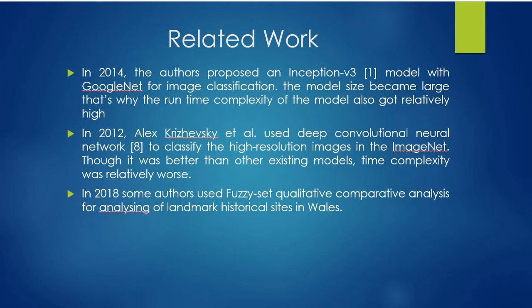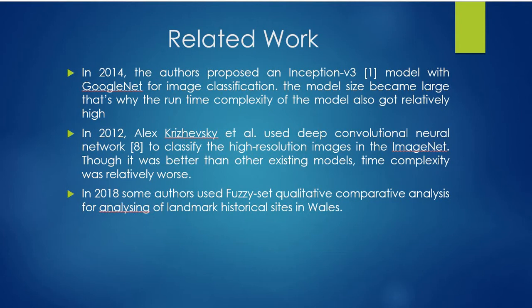Here is some of the related work that has been done so far. In 2012, Alex and his team proposed a deep convolutional neural network to classify high resolution images in ImageNet. Though it was better than other existing models, the time complexity was relatively worse.